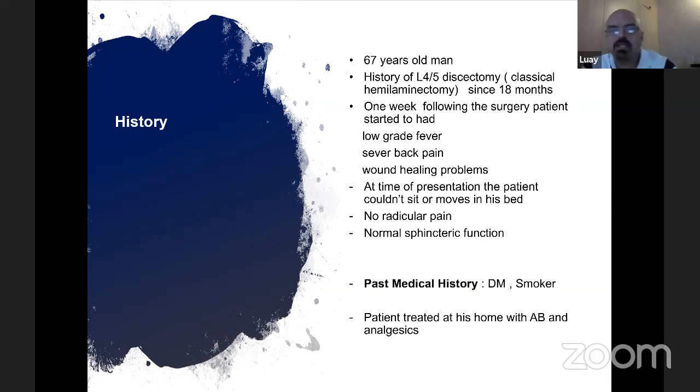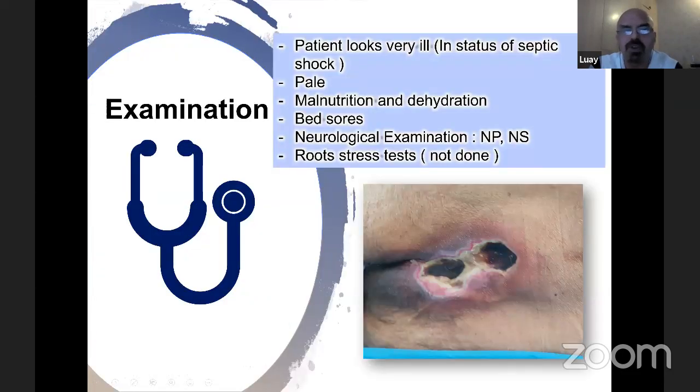His past medical history is diabetes, non-insulin dependent, and he's a very heavy smoker. During the last 18 months, he was treated by his son, a general surgeon, surprisingly with antibiotics and some analgesics. Regarding the examination, at time of presentation, the patient looks very, very ill, really in a status of septic shock.